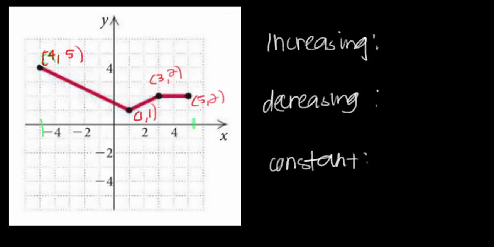As we go from that x value of -4 to +1, our y values are decreasing from 5 to 1. And then as we go from the x value of 1 to the x value of 3, our y values are increasing from 1 to 2.